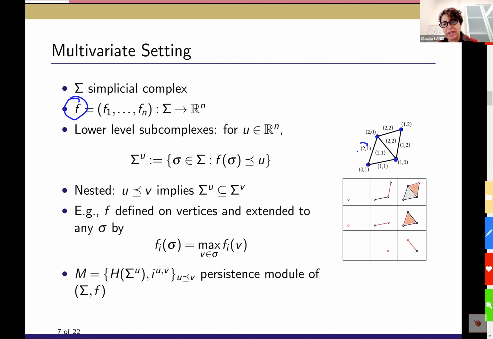So for example, here we get 2, 1, as 2 is the maximum between 2 and 0, and 1 is the maximum between 0 and 1.